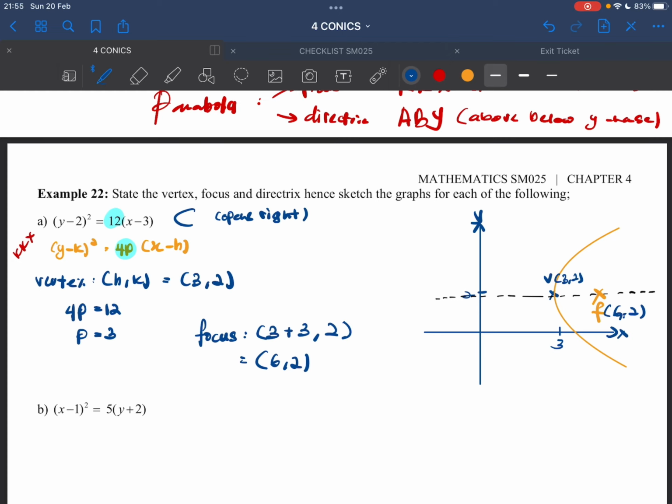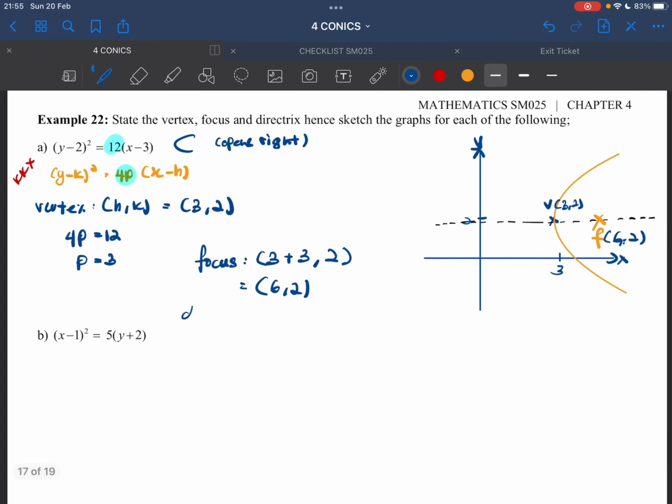So now to find the directrix, x will change, so your directrix is going to be x equals, the same thing here, we are going to take 3. Since the directrix is on the left, you are going to subtract p. So your equation of the directrix is x equals 0, which means it is on the y-axis here.